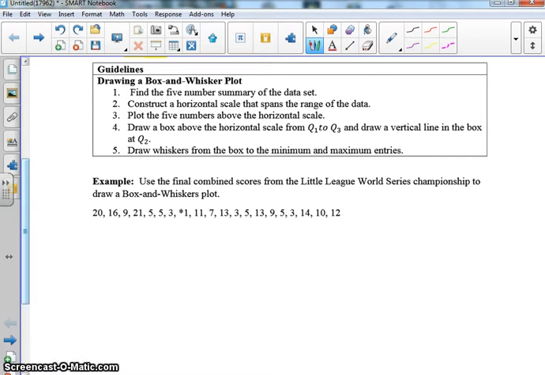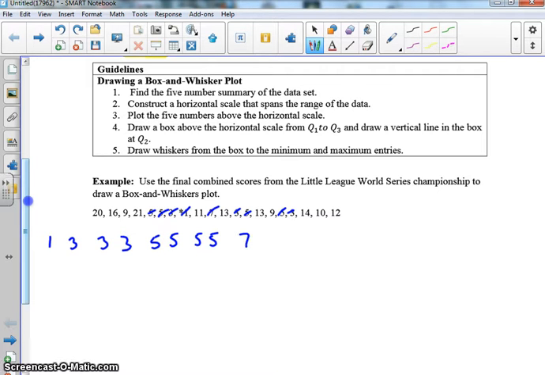First thing you want to do is rewrite the data in order, being really careful not to miss any. 1, there are 2, 3 threes. There are 4 fives. No 6, no 7s.